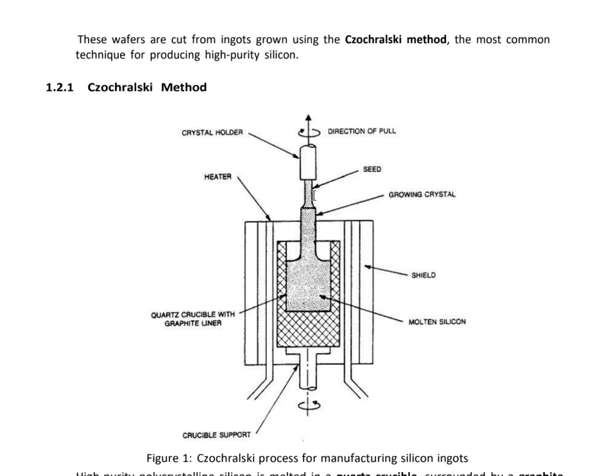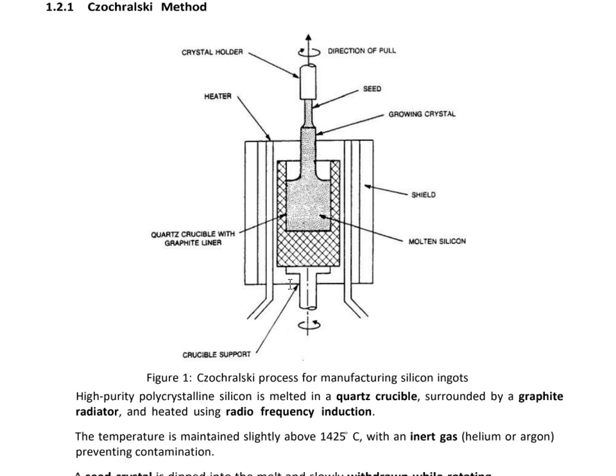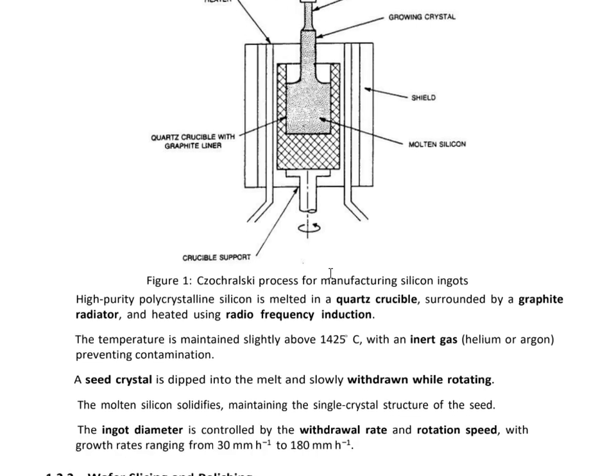It has a seed and crystal holder along with the heater, and this region is the growing crystal region along with the shield, and the inner part is the quartz crucible with the graphite liner and also the molten silicon, and the bottom part is the crucible support to hold the device firmly.